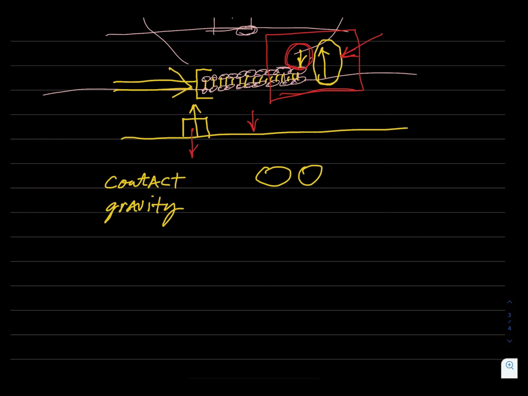They can just tap each other barely with a little bit of force, or they can slam into each other with a lot of force. But gravity only pulls with exactly the force that is the mass of the object times g. So it is a different kind of force.